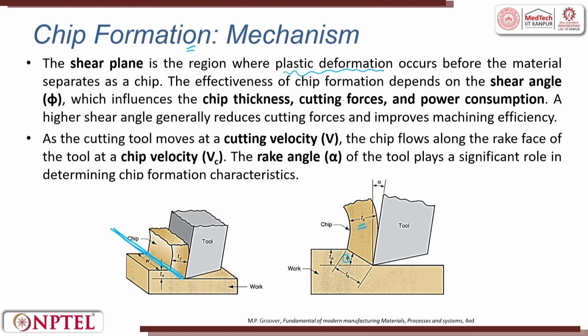TC is the chip thickness. Then cutting force: while cutting, there is a force encountered during this process, and from that cutting force the power is derived. So, the effectiveness of the chip formation depends on the shear plane angle phi, thickness of the chip, the force for cutting and the power consumption.